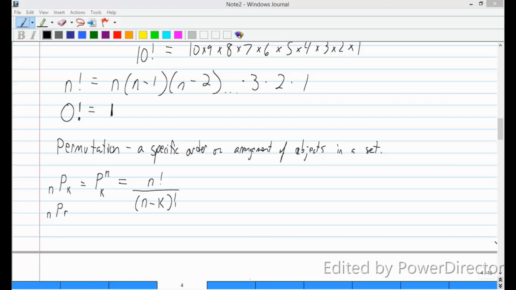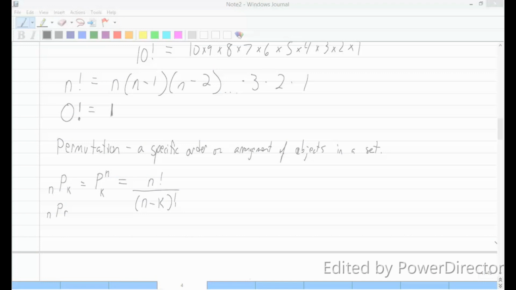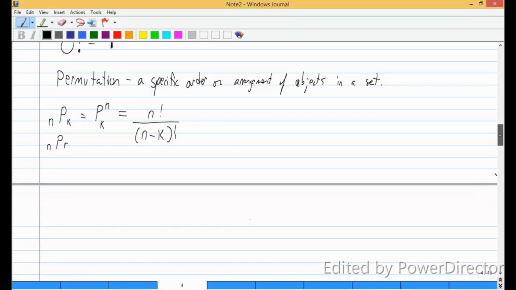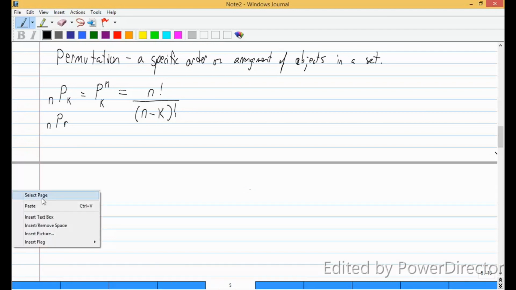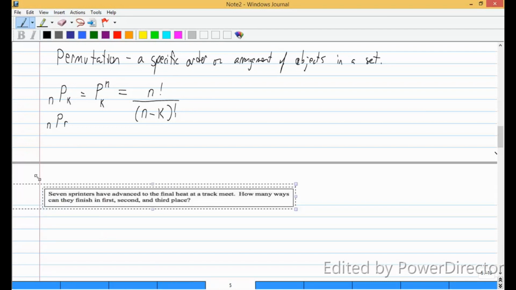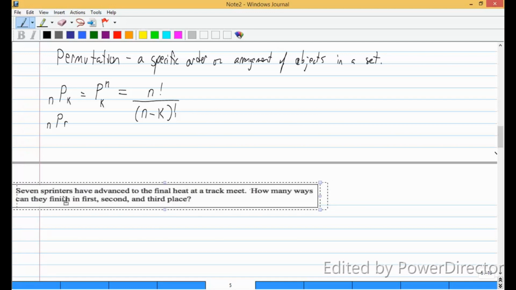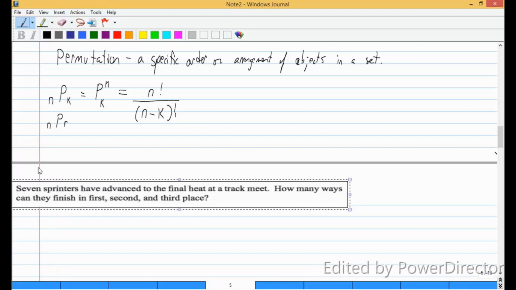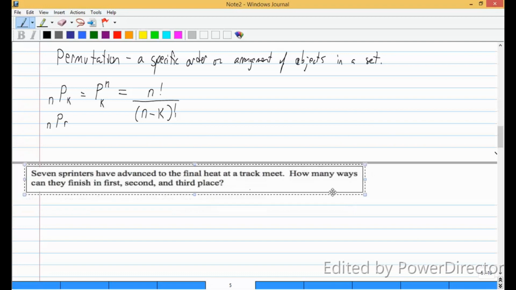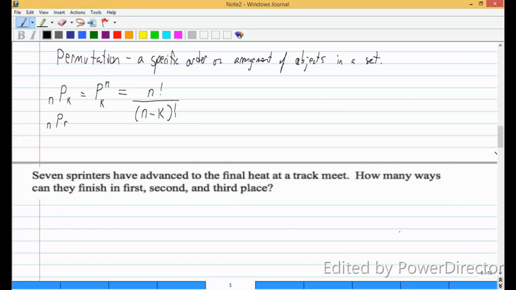So what type of counting problem will we use this with? I made a reference to a race. Here's a race problem. It says 7 sprinters have advanced to the final heat at a track meet. How many ways can they finish first, second, and third?